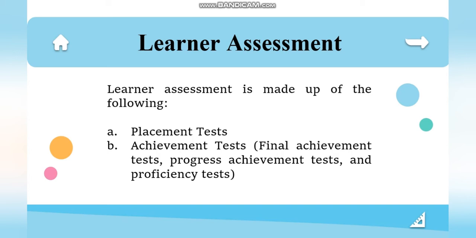The second about achievement tests. Achievement tests are directly related to the language course. They are given to learners at the end of the course to determine how successful individual students, groups of students, or the courses themselves have been in achieving the objectives. Final achievement tests.